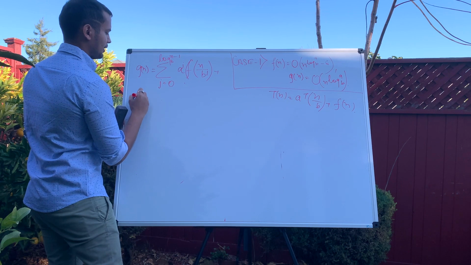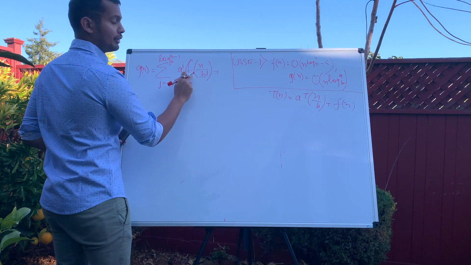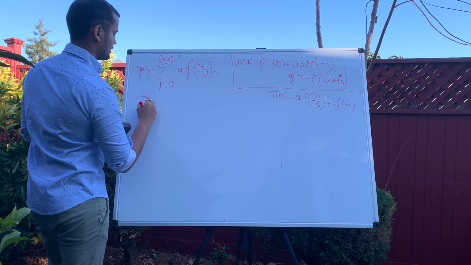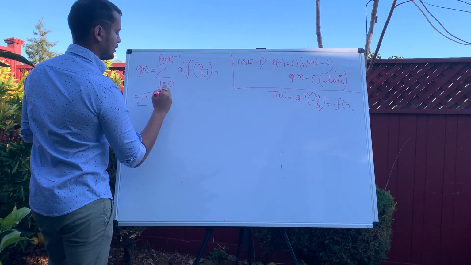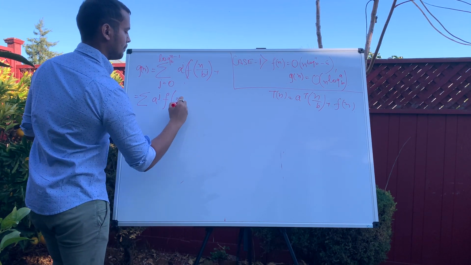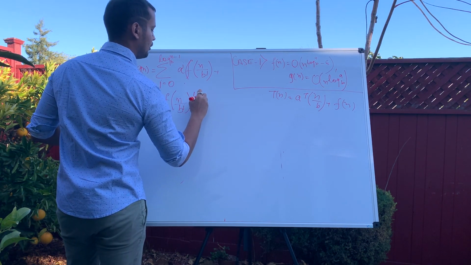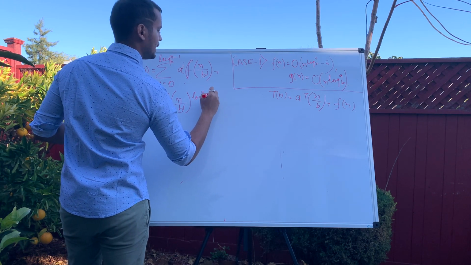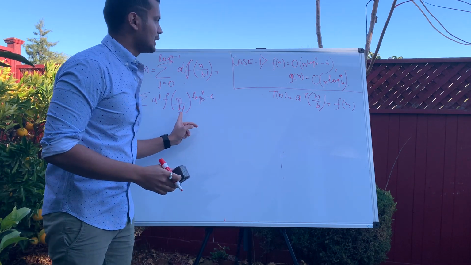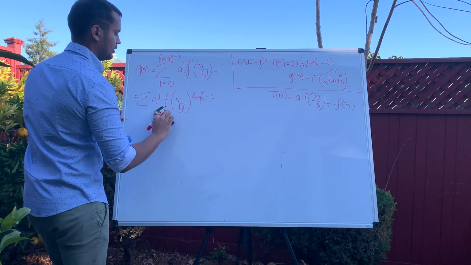So substituting the value of f(n) over here with this one, as per the case, it's the summation of a power j times f(n by b power j), to the log ab minus epsilon. So again I'm clarifying, we are substituting the entire value, hence this entire thing comes as a power of this function, or the function goes away, sorry.